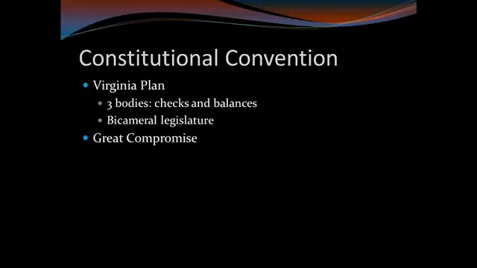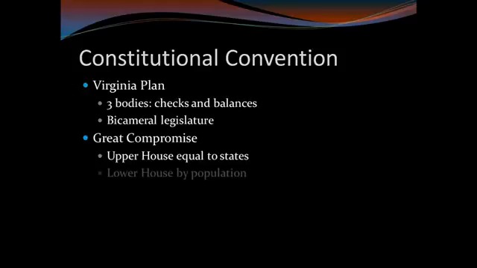And that's true, except if you look at it, they had some very small states, and those states wouldn't have very much power in the government if they did it that way. So they made a compromise, right? The upper house would have equal representatives for each state, and that meant two. So your Senate has two representatives for every state, and the lower house then would be represented by population.